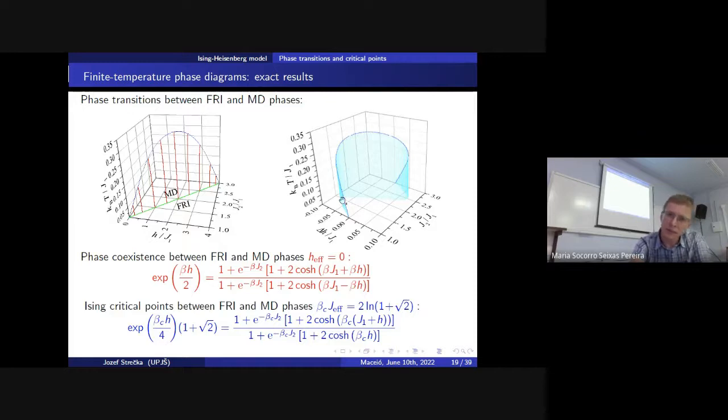The other figure, because 3D figures sometimes are hard to understand, shows the deviation of this critical field, which corresponds to this blue line, from the one which corresponds for a given interaction ratio at the 0 temperature.